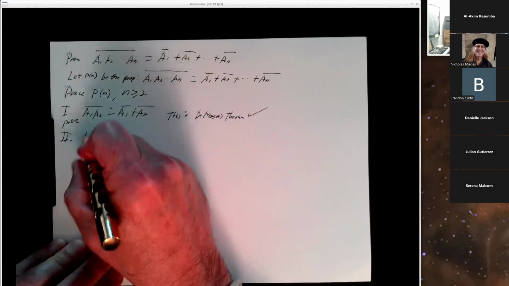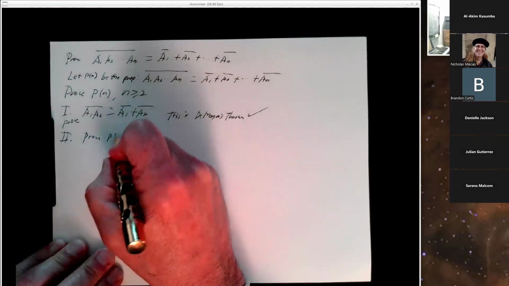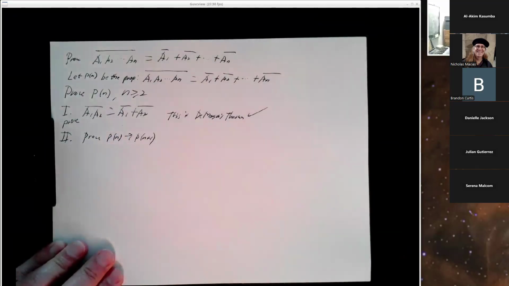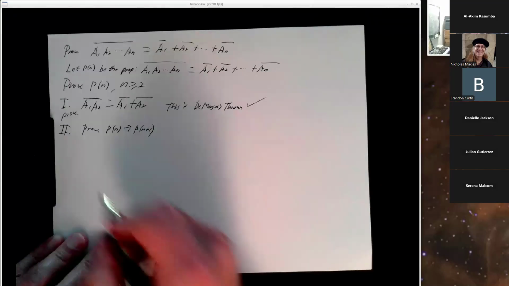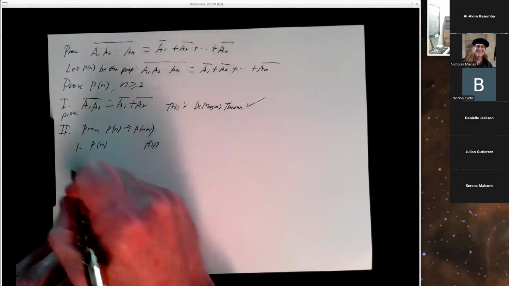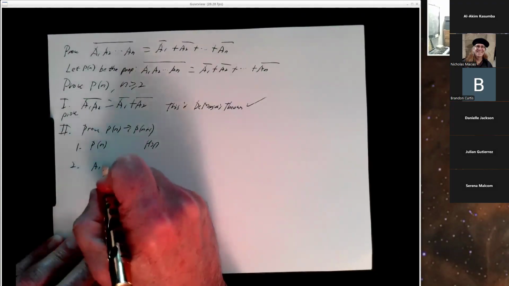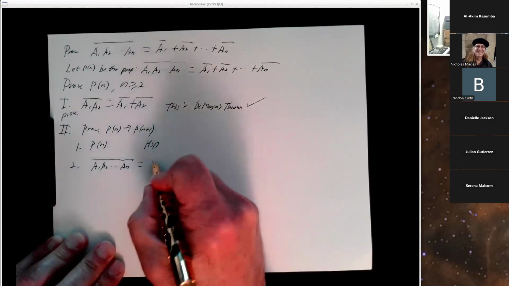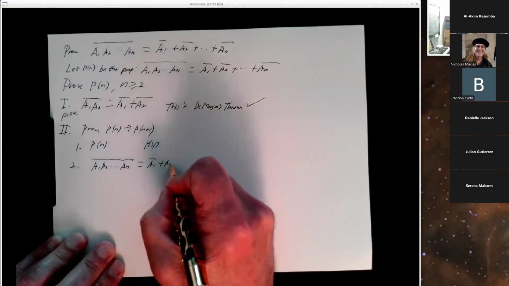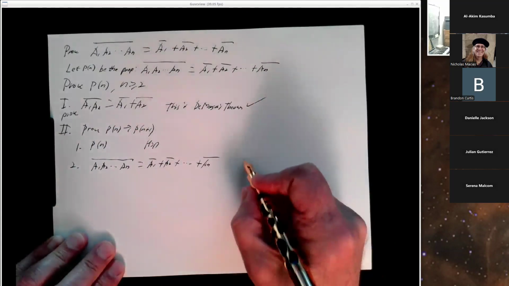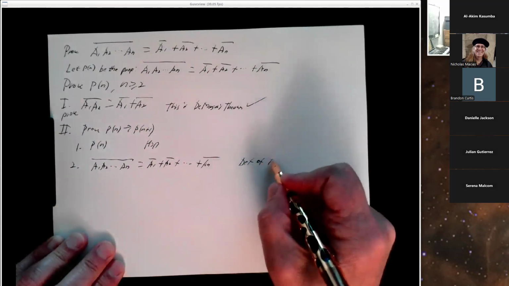So our inductive step, prove P of n implies P of n plus 1. All right, step 1, P of n, that's our hypothesis. Step 2, let's just write out what this says. And that's just the definition of P of n.